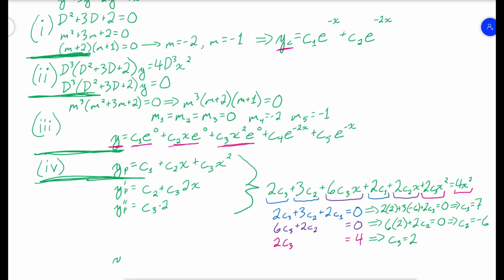So y sub p is going to equal c1, which we now know is 7, plus c2, which we now know is -6 times x, plus c3, which we now know is 2 times x squared. And that completes step 5.